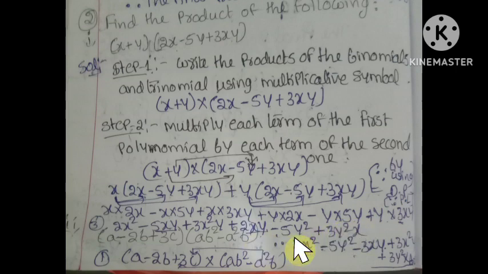So y and y, both bases are the same, we can add the exponents only. So 5y into y is 5y square, plus y into 3xy is 3y square x, by using the product law. Combine the like terms, we get the final product.